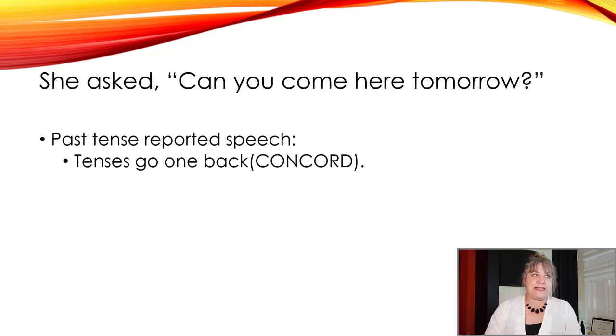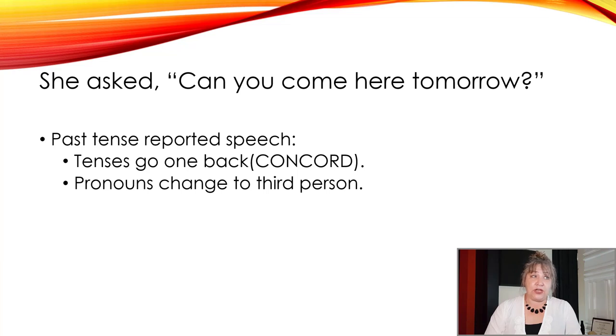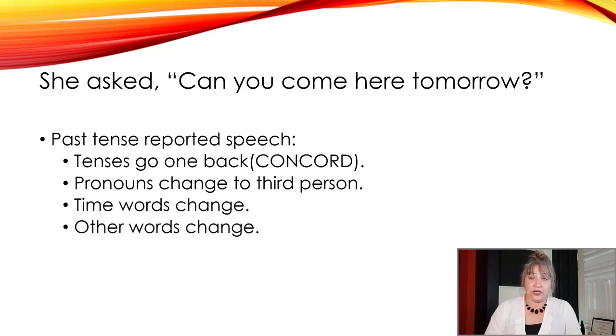4 rules. Tenses go one back, concord. And pronouns change to third person, time words change, other words change. You remember them. This is like the times tables, remember? I wake you up in the middle of the night and I say, give me the rules for past tense reported speech, and you will start telling them off by heart, because that is how well you know your work.